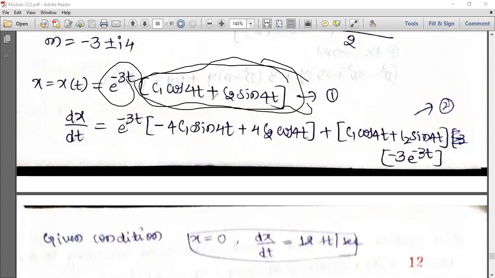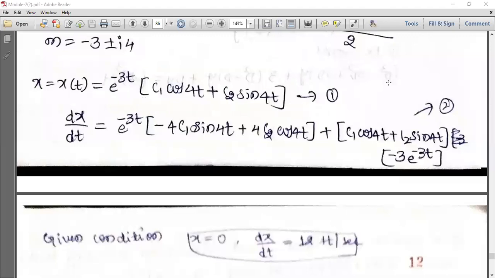The differentiation of cos of 4t is minus 4 sin of 4t, since the differentiation of cos is minus sine. The differentiation of sine is cos, so 4 cos of 4t. Then the other function is kept as it is, and the differentiation of e raised to minus 3t is minus 3 e raised to minus 3t. So what is coming here is as follows.